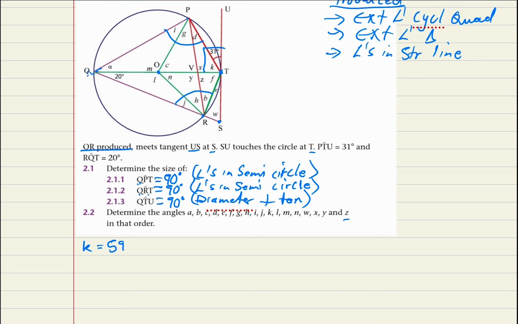It is the diameter perpendicular to the tangent. Then we go and check E. E is 20 degrees, tan chord theorem.